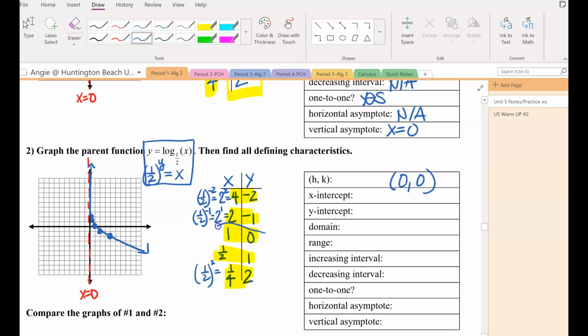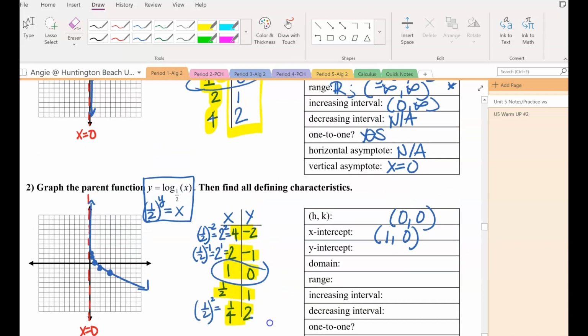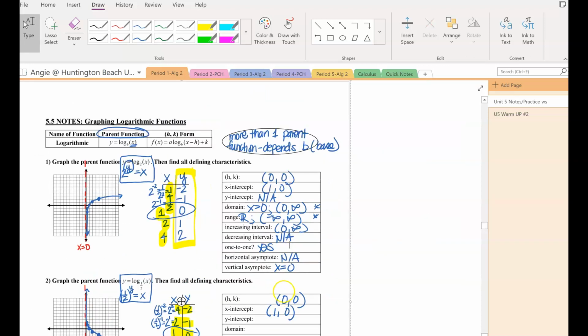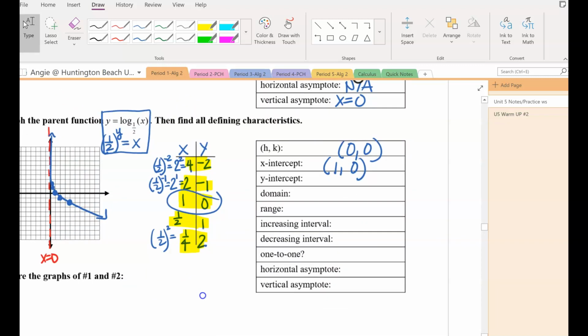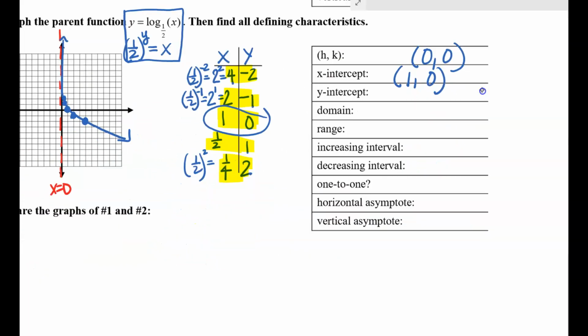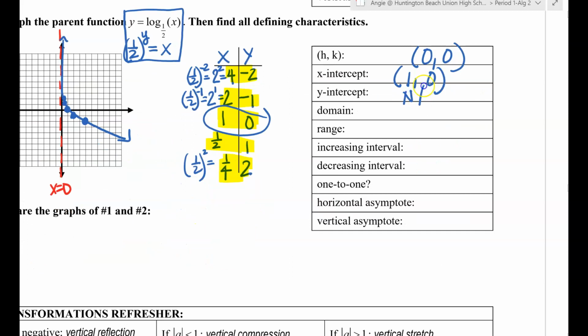The x-intercept is at 1, 0. Is that different or the same from the base of 2? It's still the same, right? The y-intercept, we don't have any because it doesn't touch the y-axis. Your domain is still from 0 to infinity. The range is still all real numbers, from negative infinity to positive infinity.